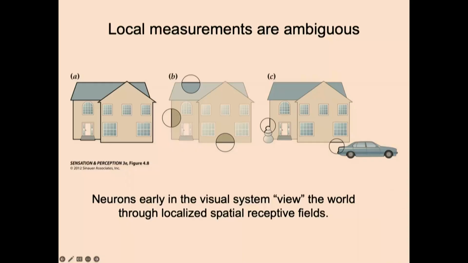One important theme that's central to mid-level vision is the idea that local measurements are ambiguous. Neurons in the visual system, in some sense, view the world through little apertures. They have receptive fields, which means there's a region of visual space that drives their response.